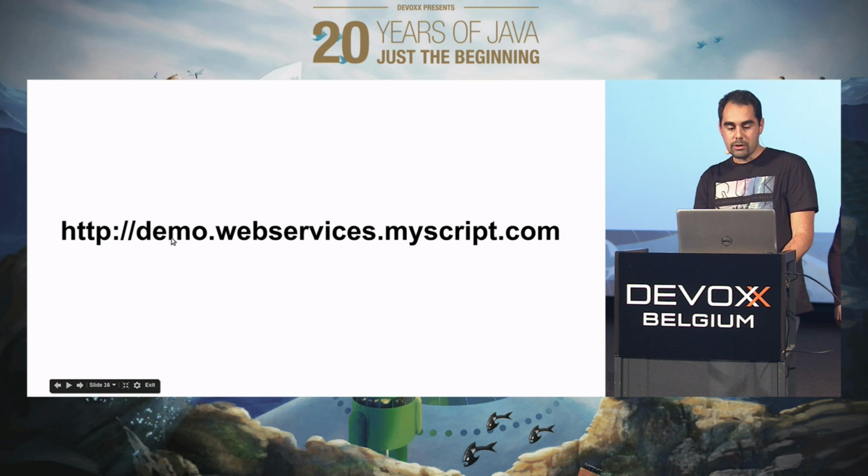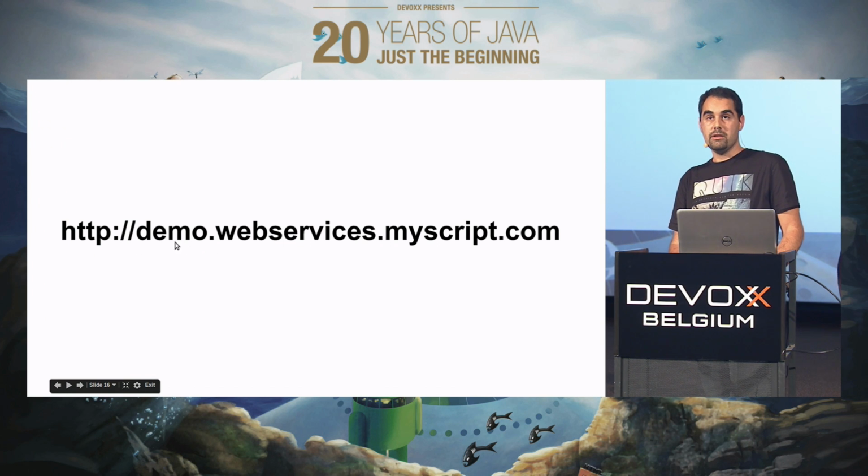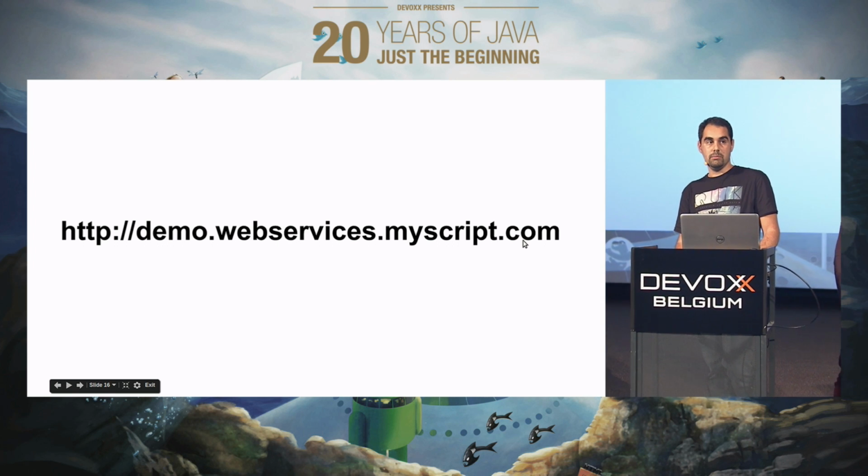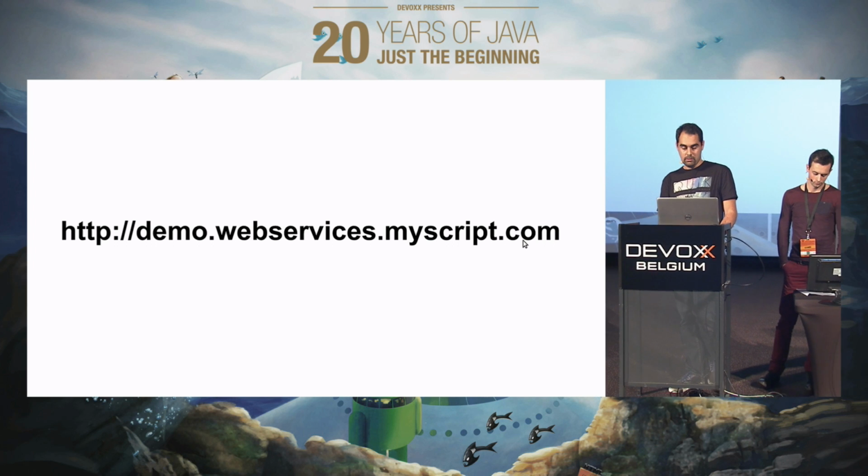So you can try those demos by yourself on your phone, your laptop, or tablet, or whatever you want. Just go to demo.webservices.myscript.com, and you will be able to try those demos live right now.